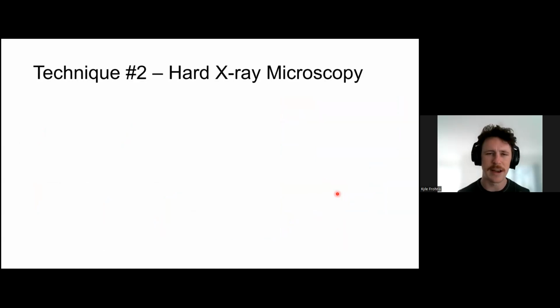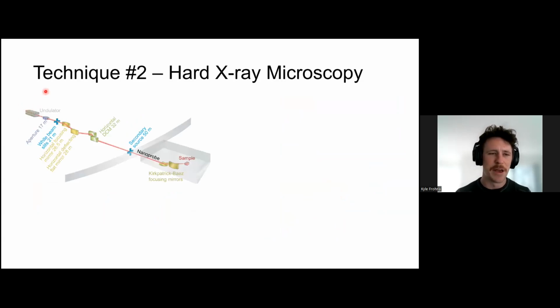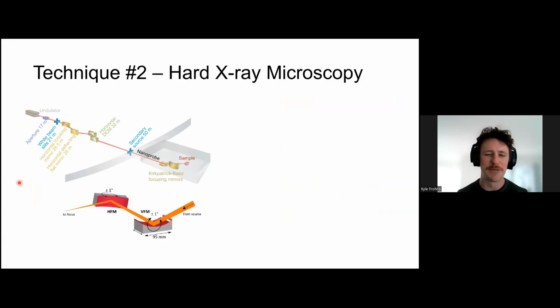And so the second technique we used is hard X-ray microscopy. This is a synchrotron-based technique where you take a nice beam of X-rays, and over the course of about 200 meters, you focus the X-rays down to a very fine spot using some very clever X-ray optics. X-rays are very hard to focus for anyone who hasn't tried because the refractive index at that wavelength is very close to 1.